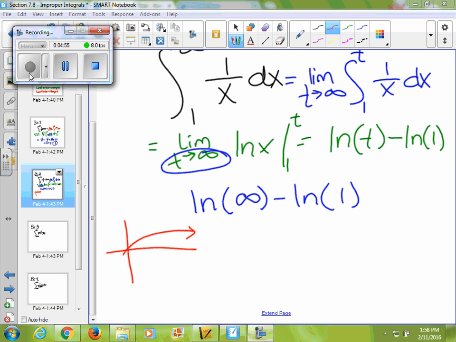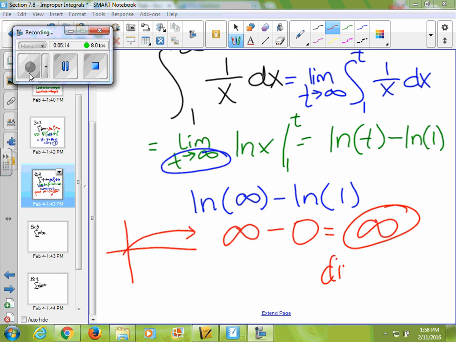Okay, so that tells me that the natural log of x goes to infinity. What's the natural log of 1? 0. Infinity minus 0 is just infinity.